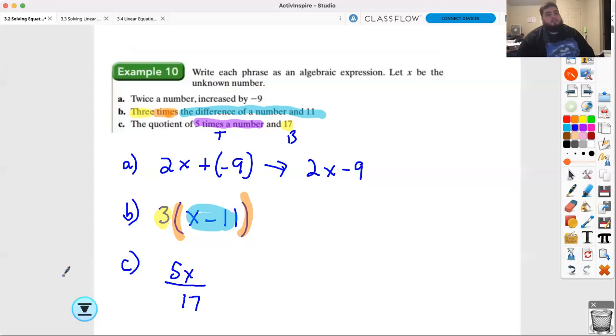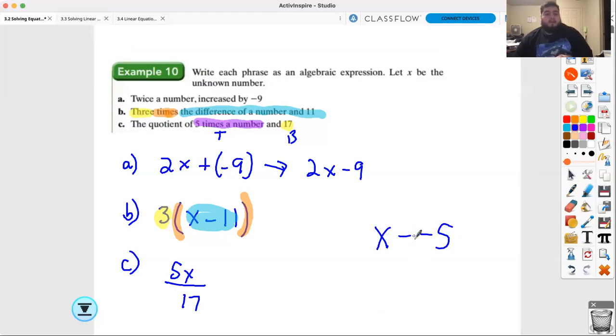I have just one. So for number C, because I know on the homework there's one that starts off with a difference. We don't put anything, right? What do you mean, sir? I think the problem was the difference of a number and -5 or something like that. Ah, so if this is a difference of a number and -5, it'll be x minus -5.